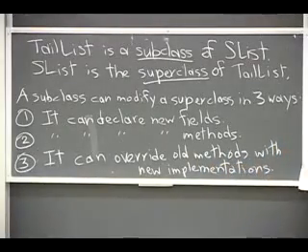And that, for instance, is where we're going to get our performance advantage out of taillist. We're going to make taillist faster by changing a few of the methods so that they use that tail pointer.